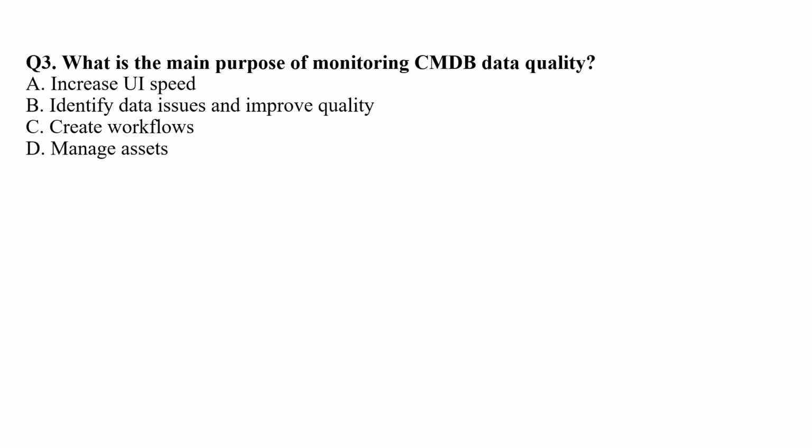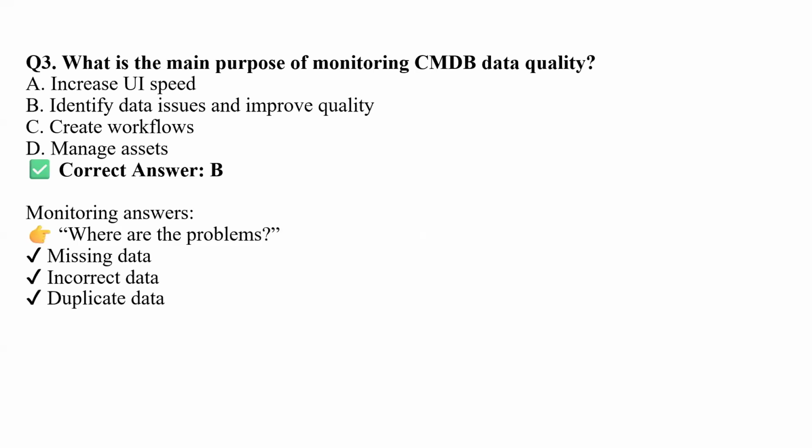So what is the main purpose of monitoring CMDB data quality? Option A, increase UI speed. Option B, identify data issues and improve quality. Option C, create workflows. Option D, manage assets. The correct answer is option B, identify data issues and improve quality. By identifying the data issues, we can improve the data quality. Data issues means where the problems are.